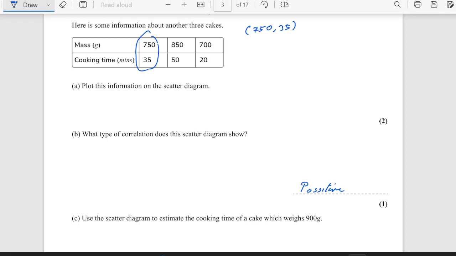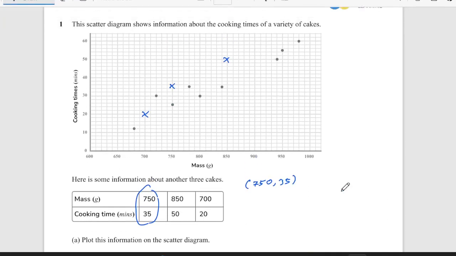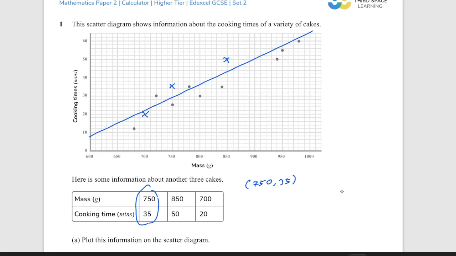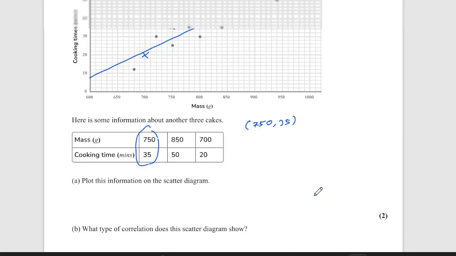Use the scatter diagram to estimate the cooking time for the cake which weighs 900 grams. So I'm going to draw a line of best fit. I would always encourage students to draw a line of best fit for this question. So I'm going to say that's roughly my line of best fit. And then I use that to read off the value that I'm after, so 900 grams.